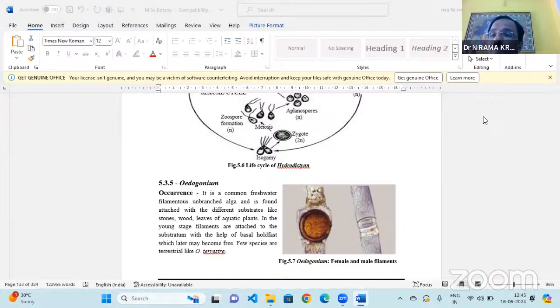Which ones are those? Chlamydomonas, chlorella, valvax, and sandismus. How many have we completed now? This is totally flat-like structure. Now Ulva is a little bit advanced.